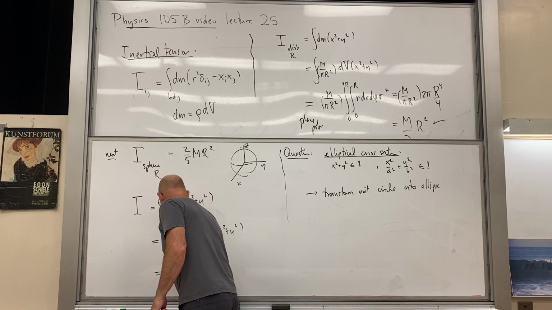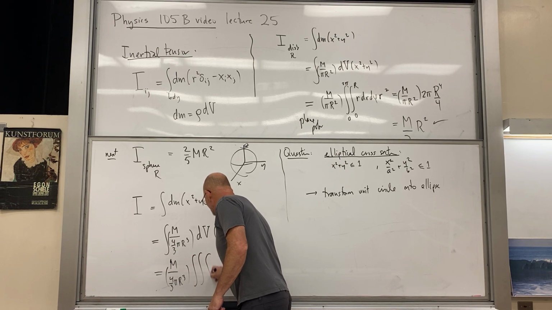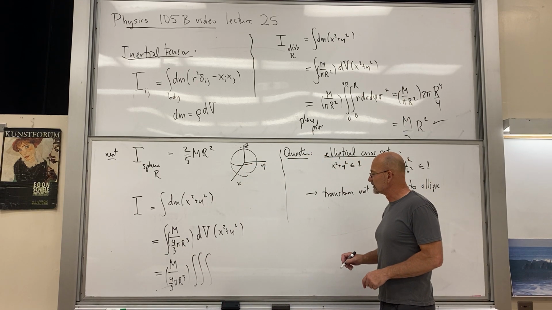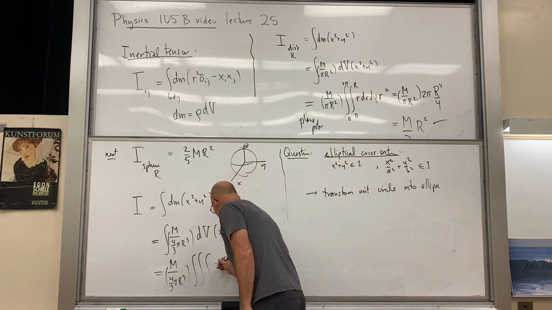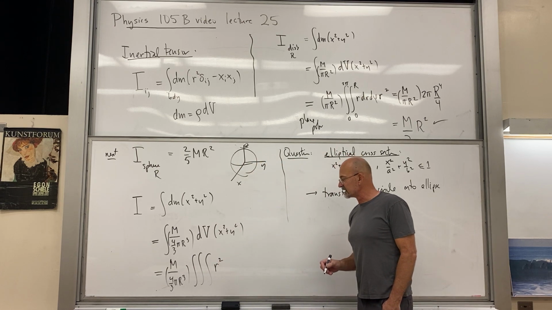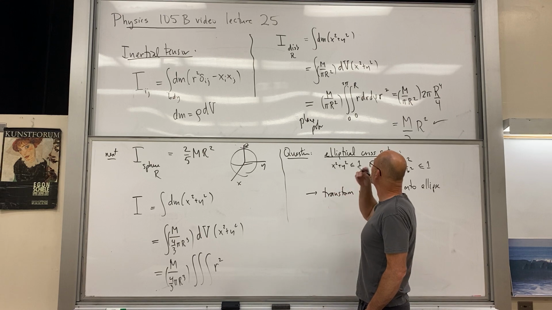Well, there we can pull the m over 4/3 pi radius cubed out, and we need the volume, the triple integral over spherical polar coordinates. So there we know, or we can look it up, but part of our project is going to be to derive all these things.